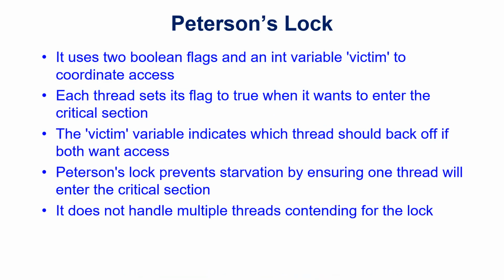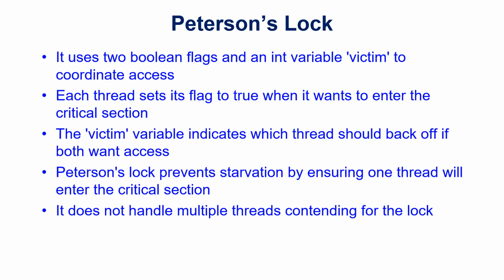The flag is set to true when a thread wants to enter the critical section, and it sets the victim to the other thread's ID. The main problem with the Peterson lock is that it works for only two threads.